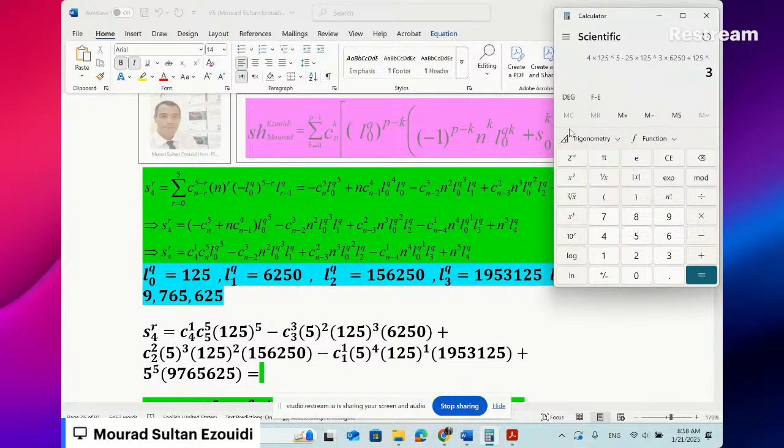Look here, 4 times 125 raised to the power 5 minus 25 times 125 cubed times 6,250, plus 125 raised to the power 3 times 156,250, correct.